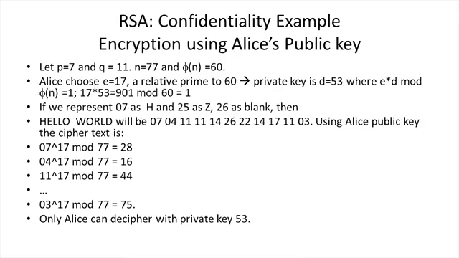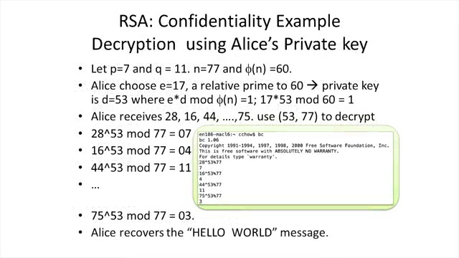Now let's look at the decryption process. First, Alice's public key is E and N, which is 17 and 77. The private key corresponding to that is D and N, which is 53 for D and 77 for N. So we have E times D mod phi of N equal to 1, and 17 times 53 mod 60 equal to 1.